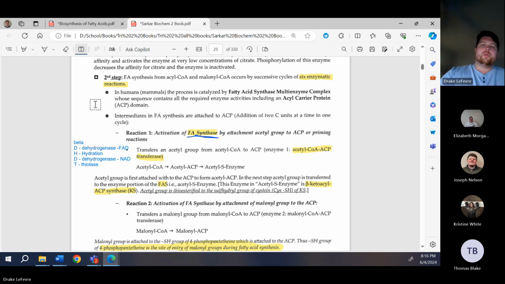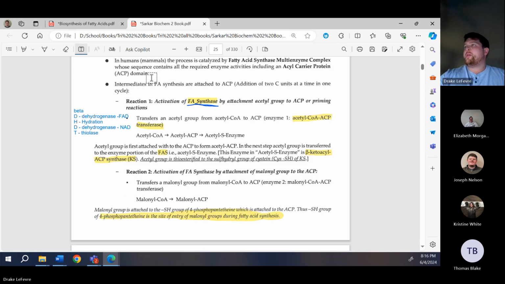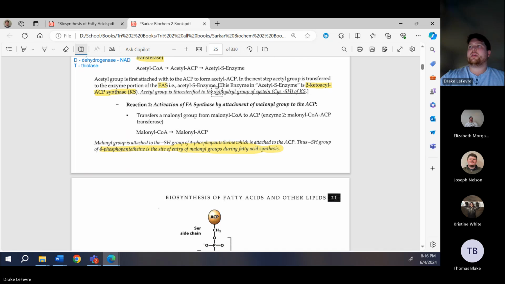So now we're going to switch gears back to the synthesis side of things. There are going to be 6 enzymatic reactions, 6 steps that we're going to be looking at. This is what happens before those 6 steps. So activation of the fatty acid synthase by attaching an acetyl group to ACP, or the priming reactions.